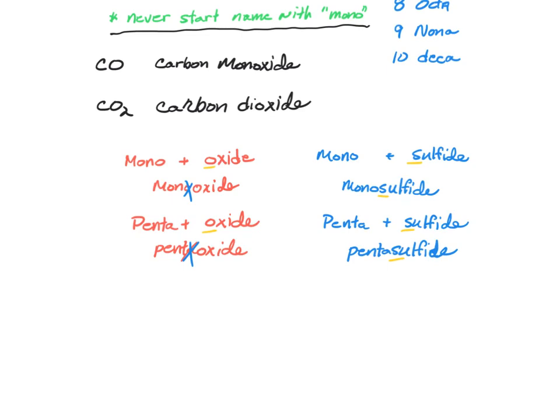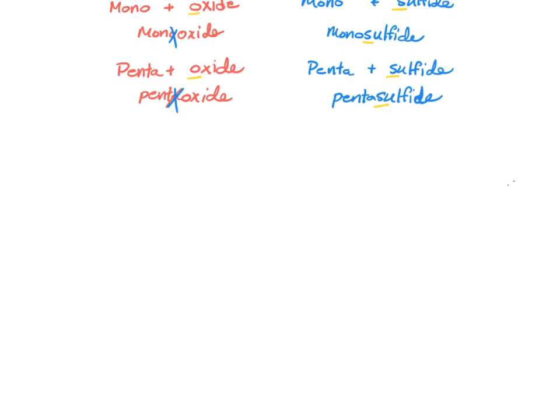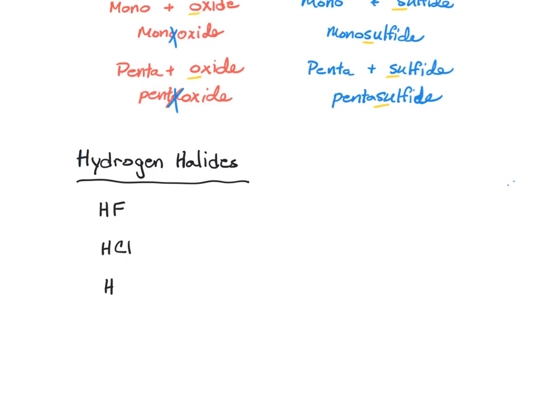Now, there are other molecular compounds that we encounter frequently that we could classify as being acids. Actually, I should say the acids are based on molecular compounds. So let's take a look at the hydrogen halides. What I'm talking about here are HF, HCl, HBr, and HI.